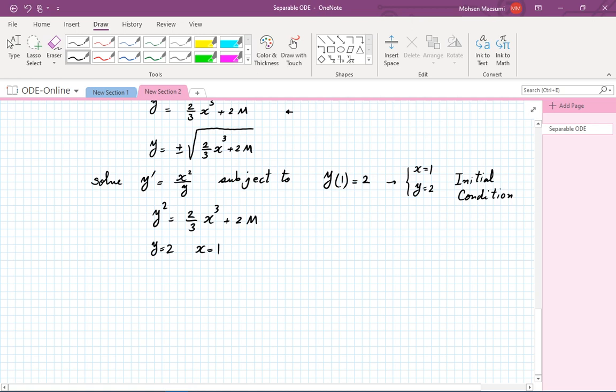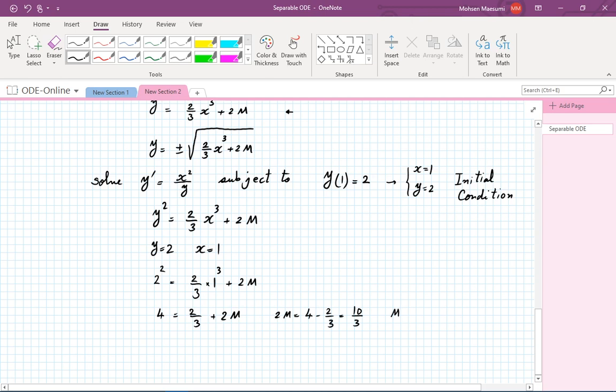So if y is equal to 2, this is going to be 2 squared. This is equal to 2/3 of 1 cubed plus 2m. So 4 is equal to 2/3 plus 2m. Therefore 2m is going to be 4 minus 2/3, and that is 10/3.